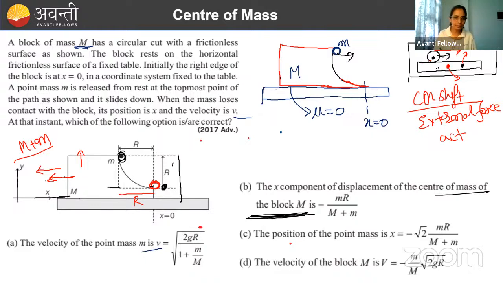So if I consider this height as 0, h equal to 0, then what will happen? There may be a doubt in your head about where the center of mass of capital M will be, that is, will its y height change or not? So its y height will not change, because for capital M there is no vertical direction motion happening. Done. So its gravitational potential energy will remain what?